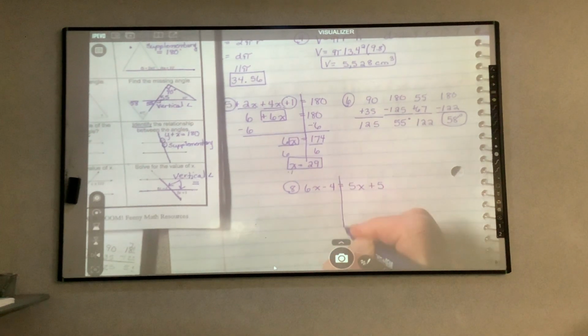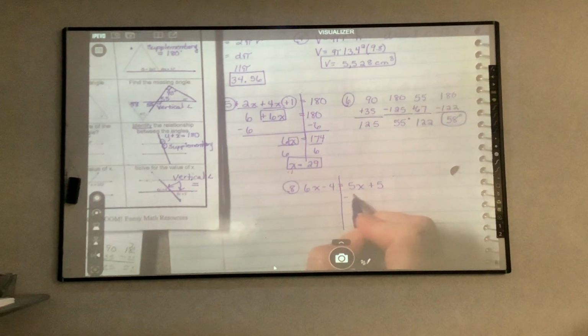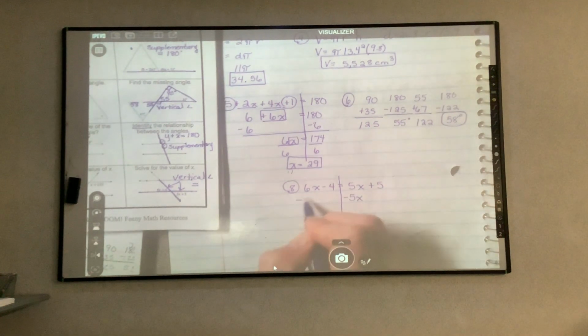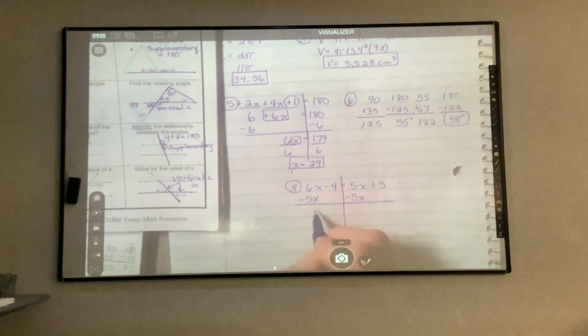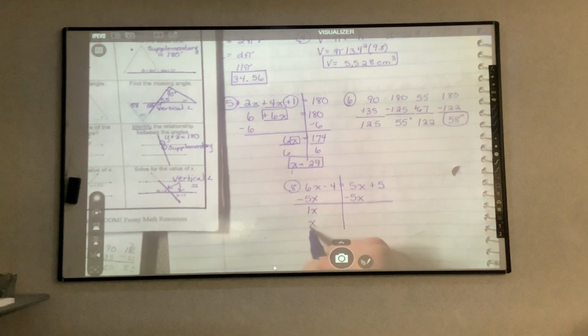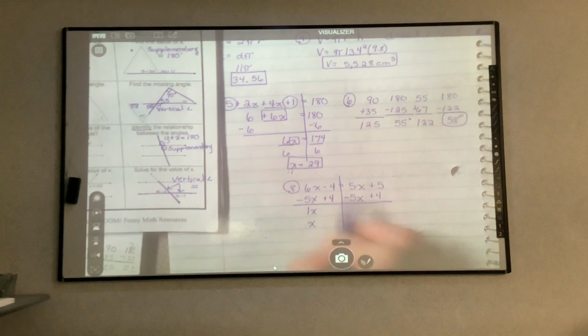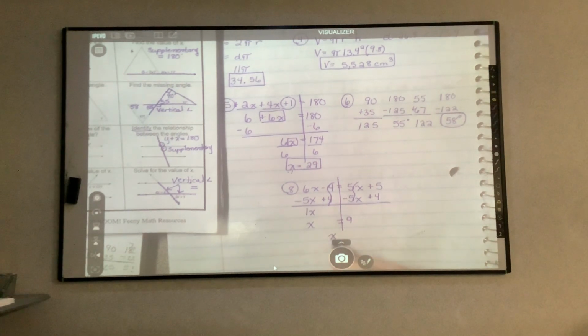Draw my line. I'm going to move this 5x with this 6x so I don't have a negative. So I subtract. So 6 minus 5 is just 1x, but we would just say x. And then I would add 4 to both sides. Those cancel each other out. And 5 plus 4 is 9, so x equals 9.